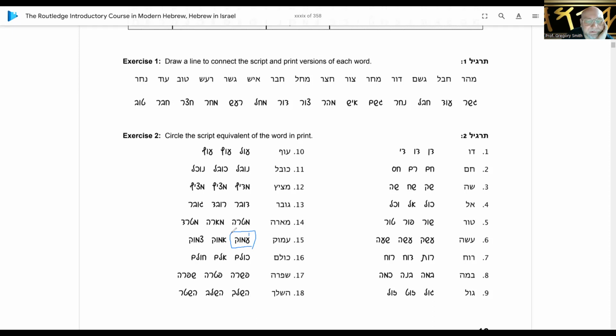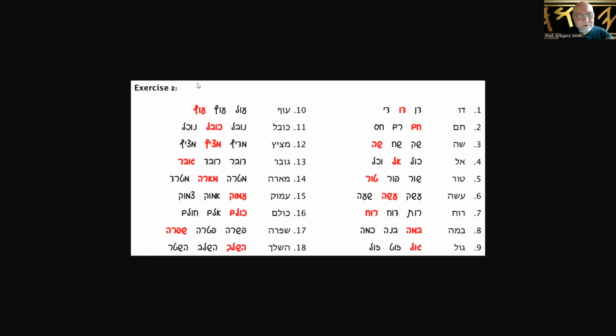And this is a pretty easy one because the kof is just like what it is in block as it is in Hebrew, and the vav is easy to figure out. The mem, you just have to do by memory, and the ayin. So it's going to be the first one. And there it is, amok.